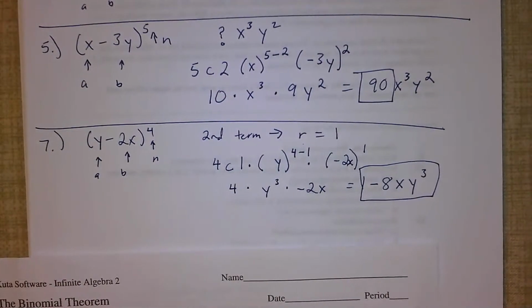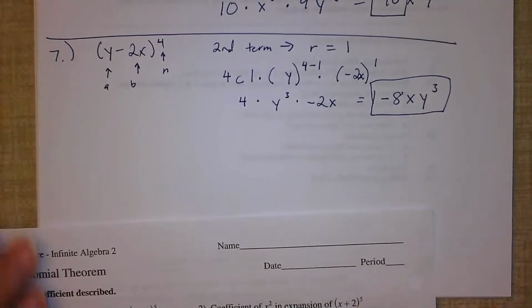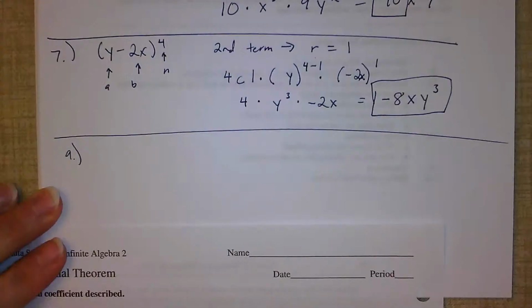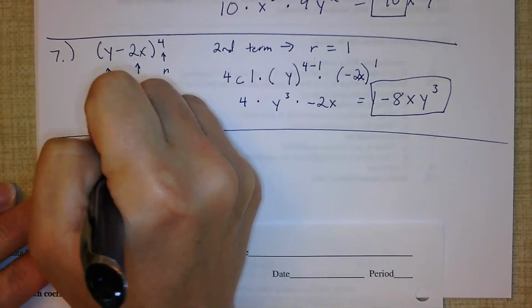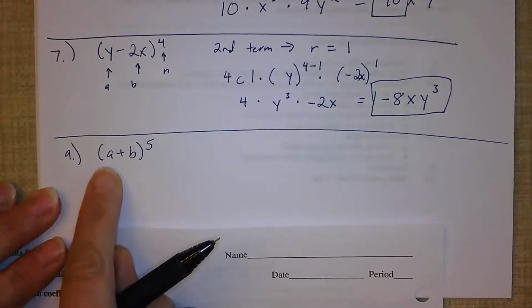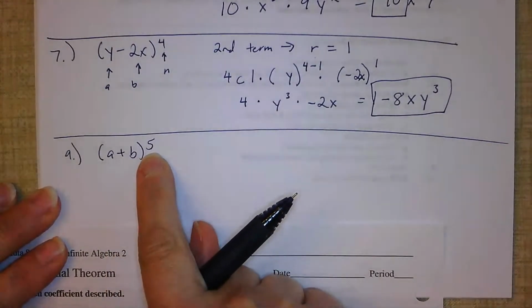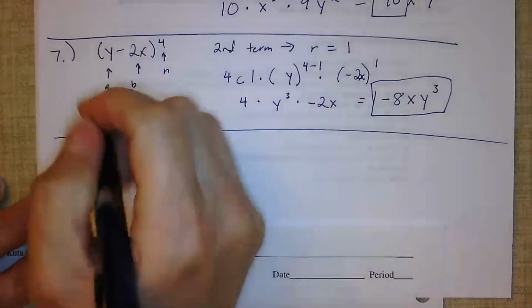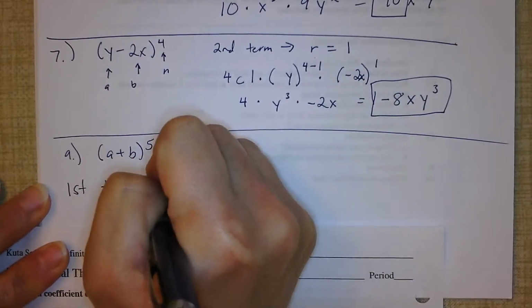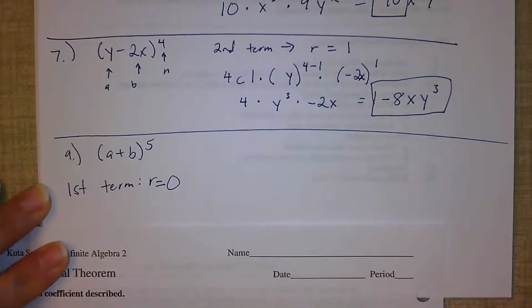All right. Number 9 is asking us to find the first term in the expansion of a plus b to the fifth. Okay, so obviously this is a, this is b, this is n. I'm looking for the first term. If I'm looking for the first term, r has to equal 0.